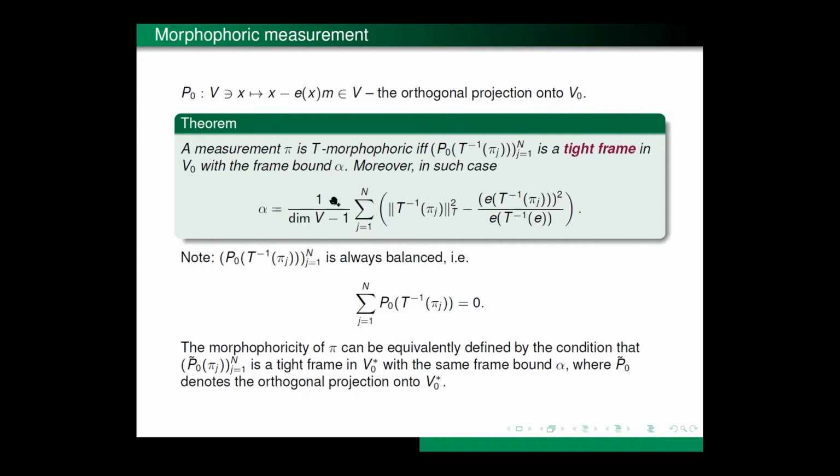So alpha was the square of the similarity ratio in the definition of the morphophoricity.